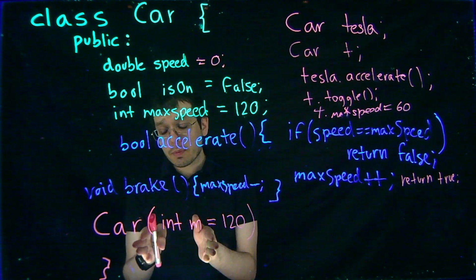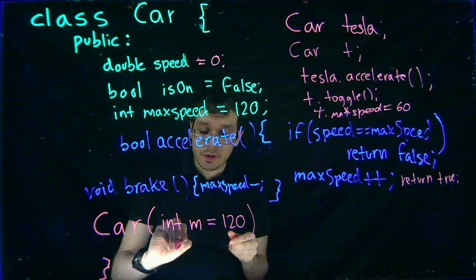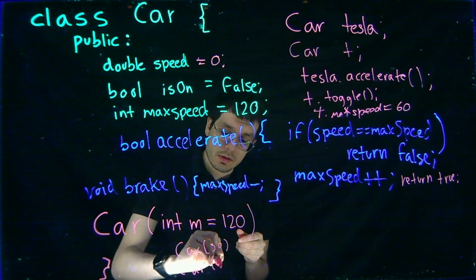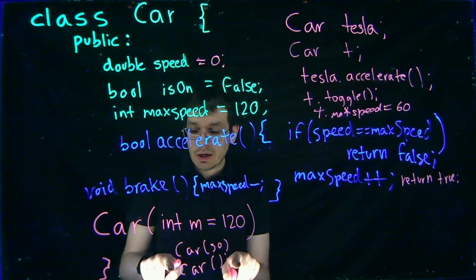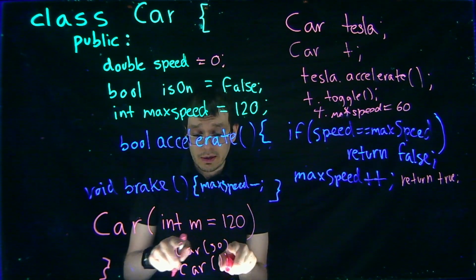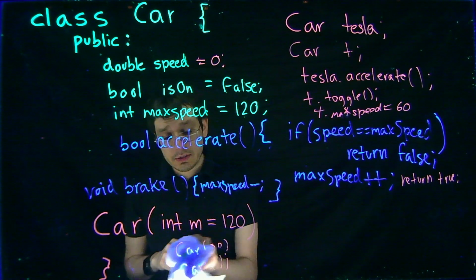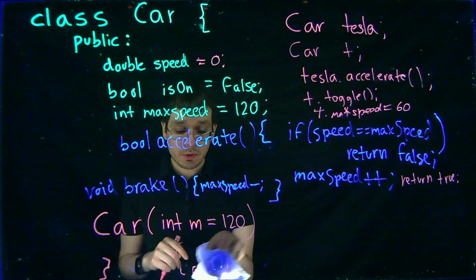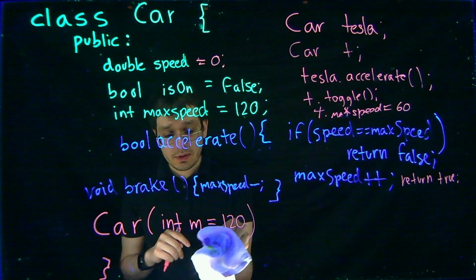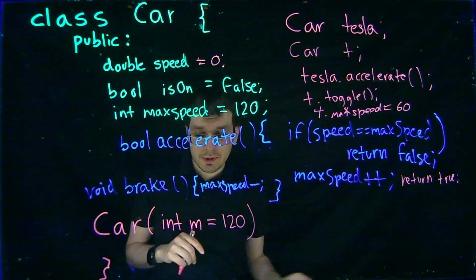If you call this with a parameter, so if I say car 50 versus car, in this version m will have 120. In this version m will have 50. Okay, so that's how default parameters work. Trivial stuff. Even if you don't know it, I'm sure you can pick it up in 5 seconds. It's kind of a thing where you just gotta remember it.